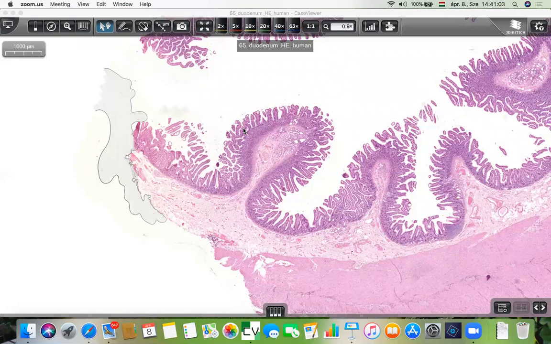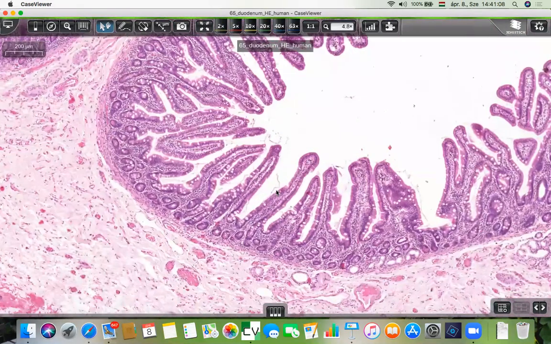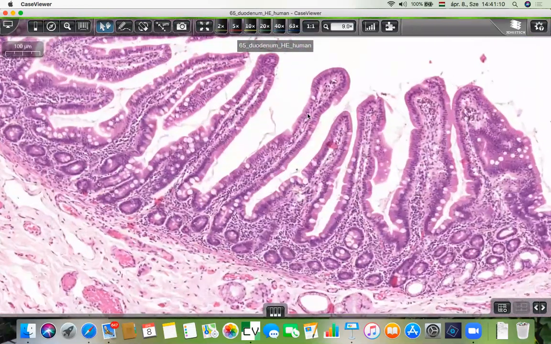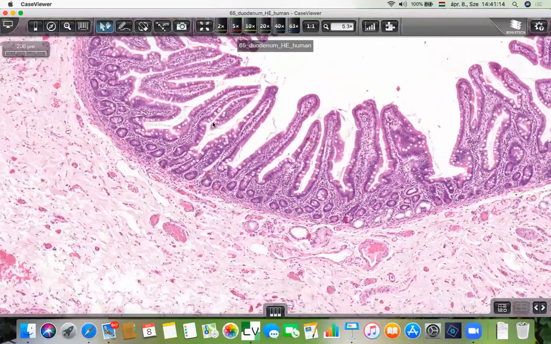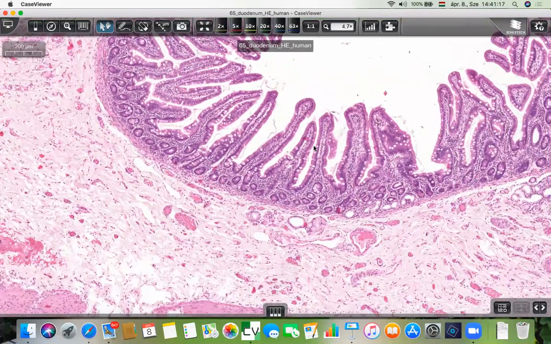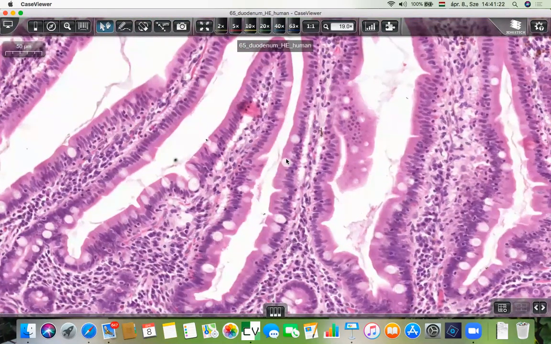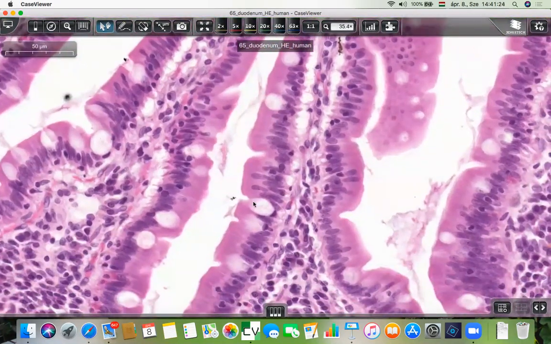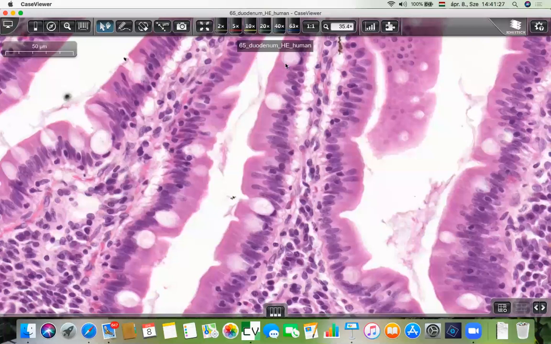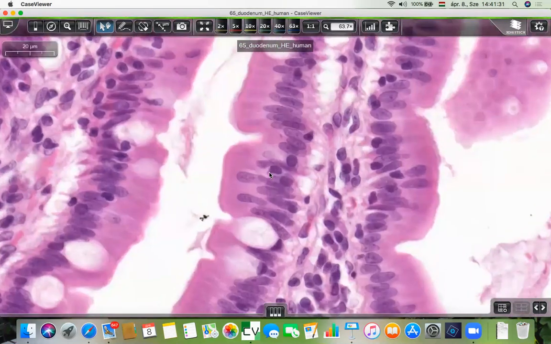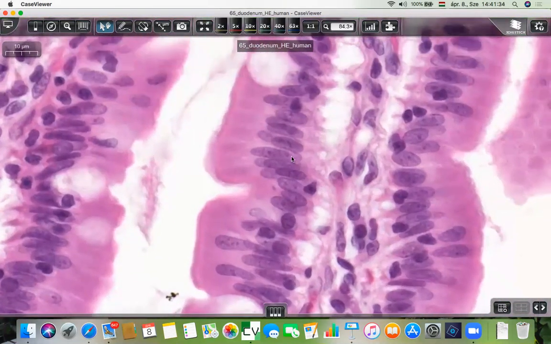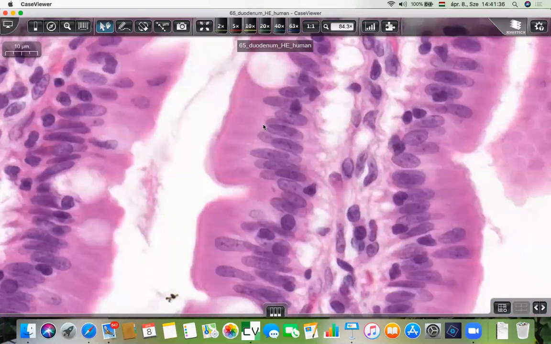So let's see the surface here. These are the villi, many. And look at that. We can easily identify the goblet cells. So the typical appearance of the unicellular goblet cells is presented. And these cells are simple columnar cells. It's a simple columnar covering.